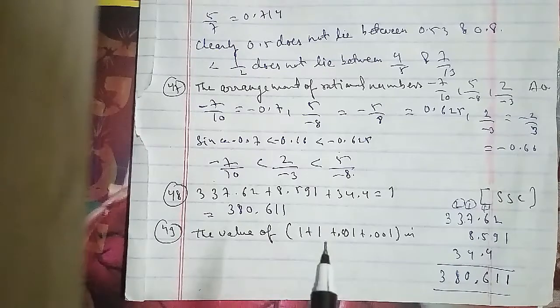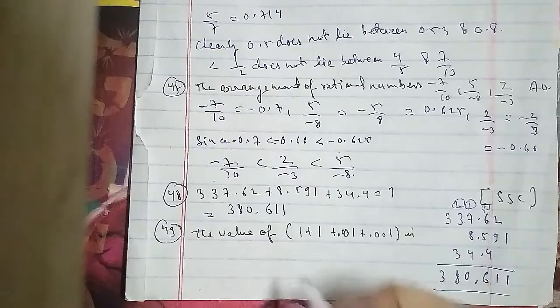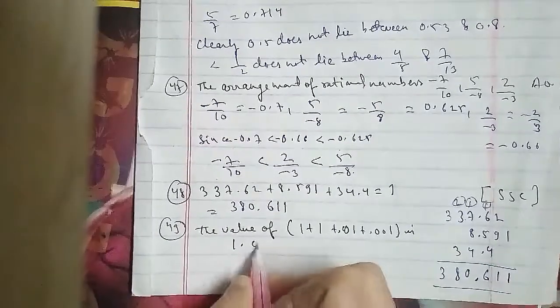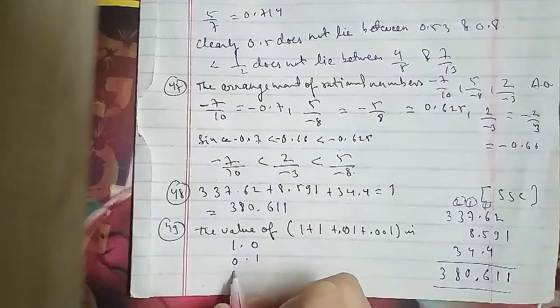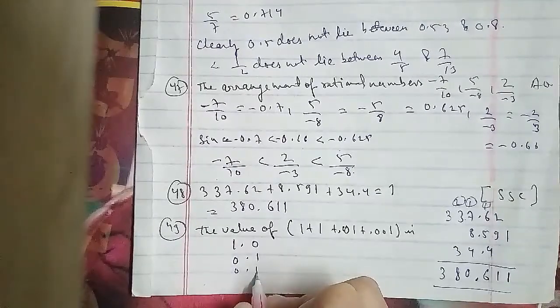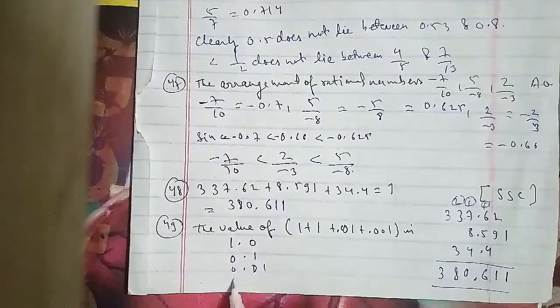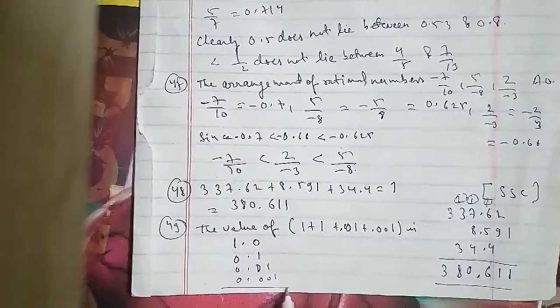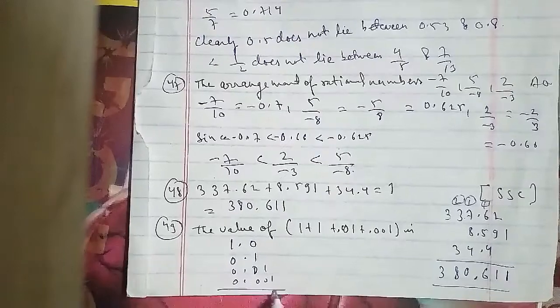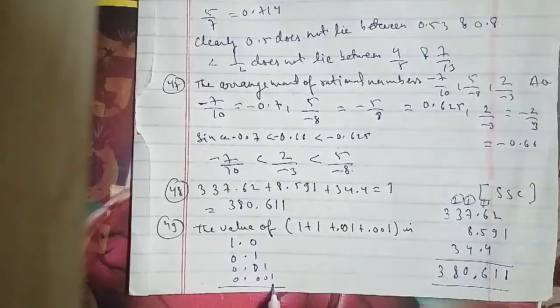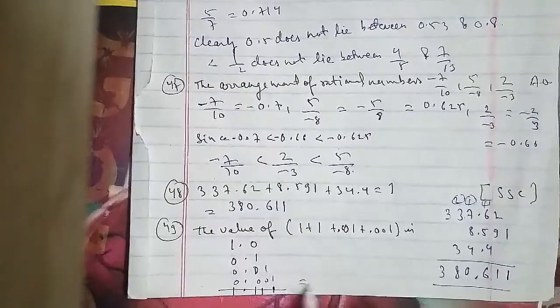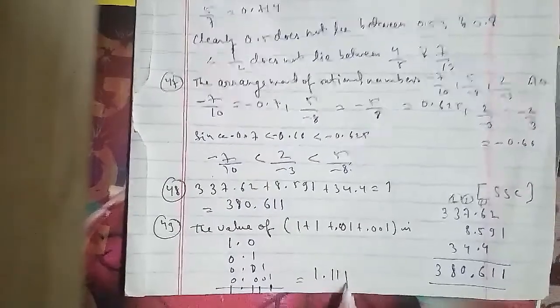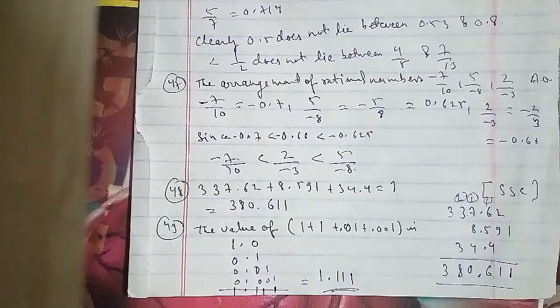So we will solve it out. We have 1.0 plus 0.1, 0.01, and 0.001. Adding them gives 1.111. That will be the right answer for this question as well.